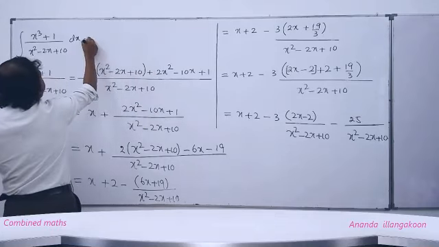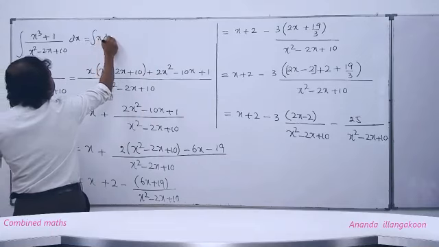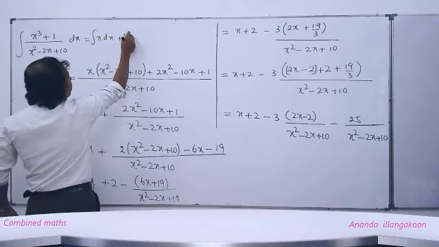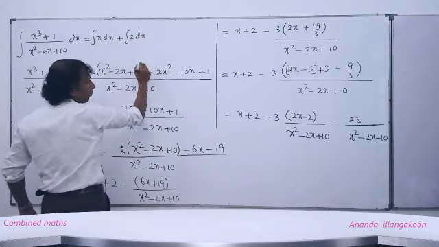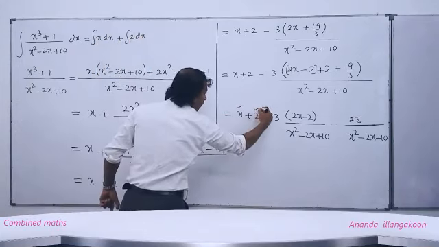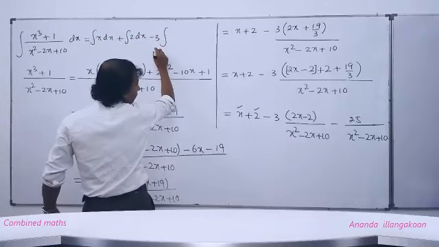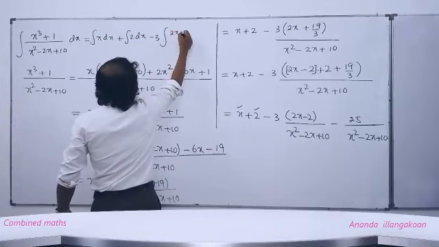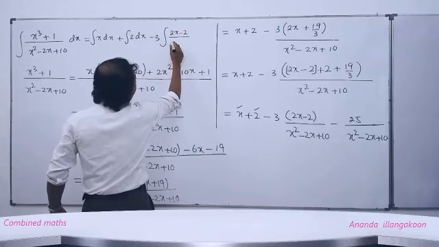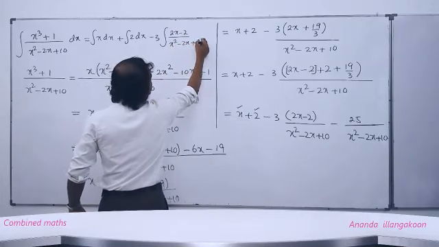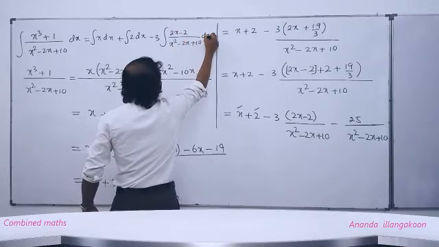Integral of x dx plus integral of 2, integrated this and this one next. Take this minus 3 out. Minus 3 times integral of 2x minus 2 over x squared minus 2x plus 10 dx.